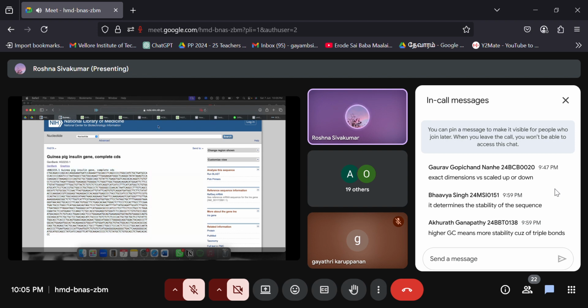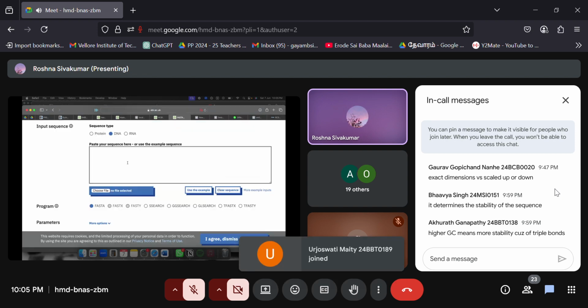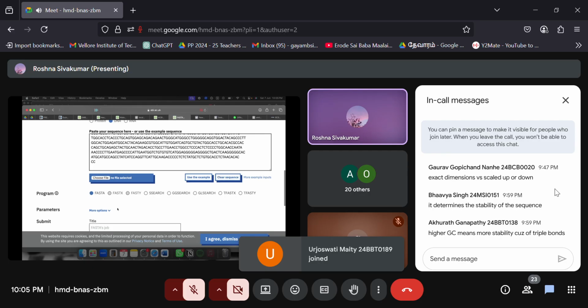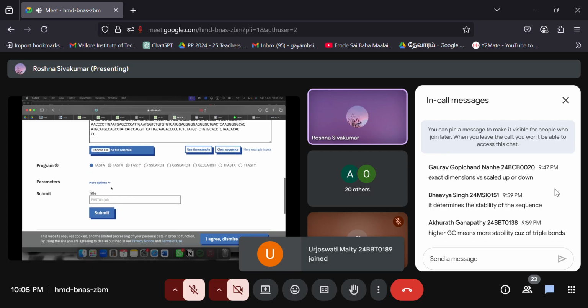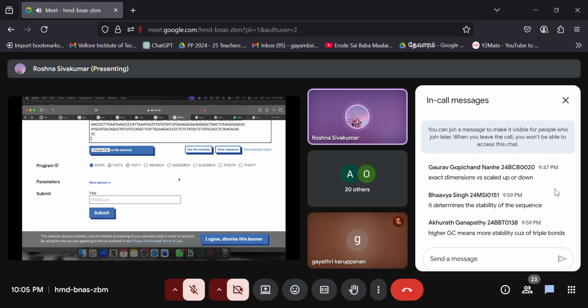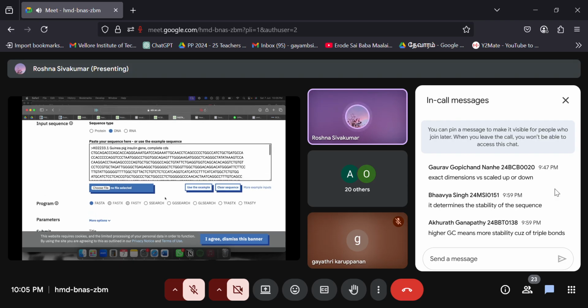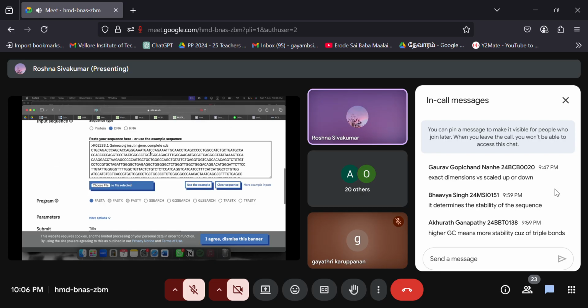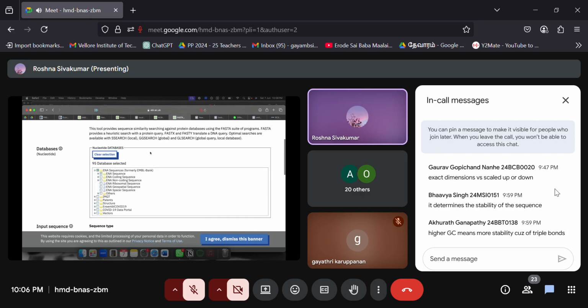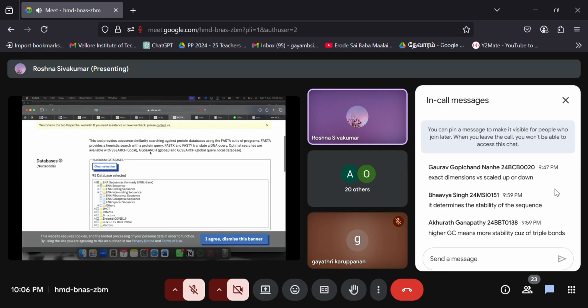I'm going to copy that and put that in FASTA here. These are different types of FASTA that are performed, and they have different parameters. As and when you require it, we'll be looking into the details of that. So yes, FASTA.